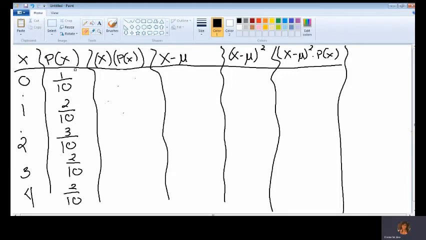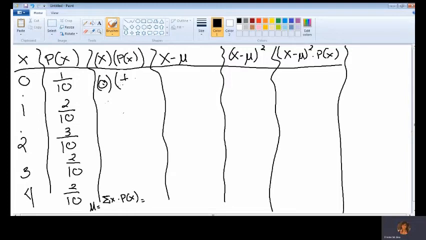First, we're going to find the mean of a probability distribution using this formula. So mean equals the summation of x times probability of random variable x. We're going to compute it later. But first, let's solve this one.